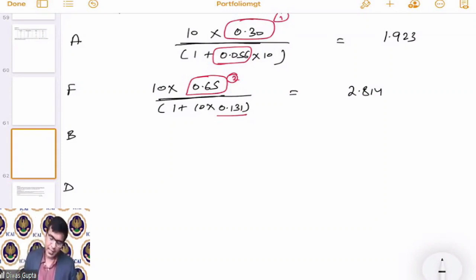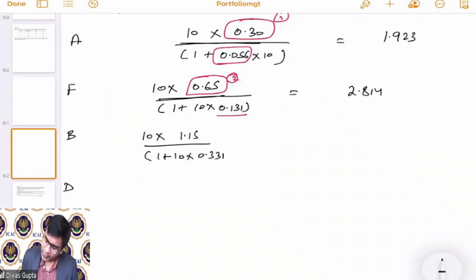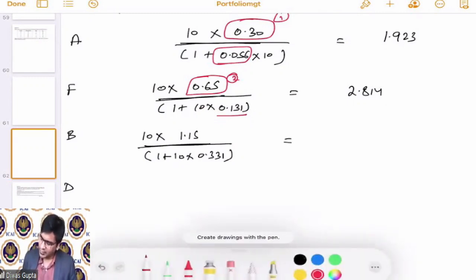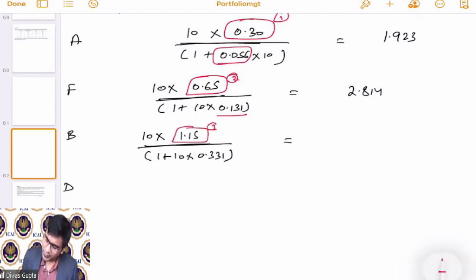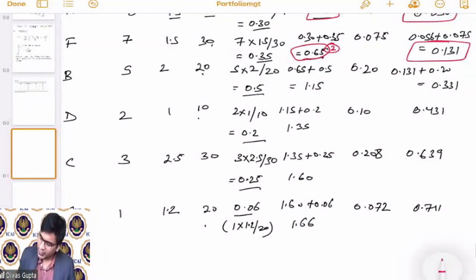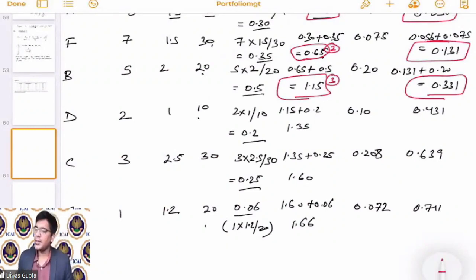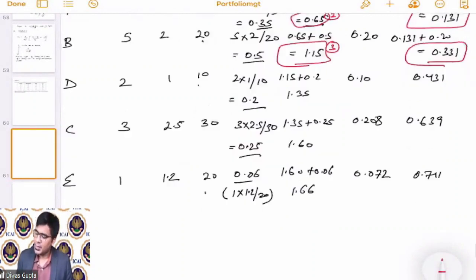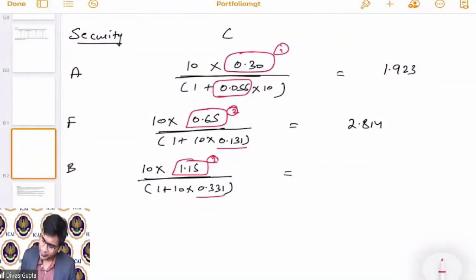Now for B security, it will be 10 multiplied by 1.15 divided by 1 plus 10 multiplied by 0.331. This again is coming from the third reference, which is 1.15, and the denominator is 0.331.